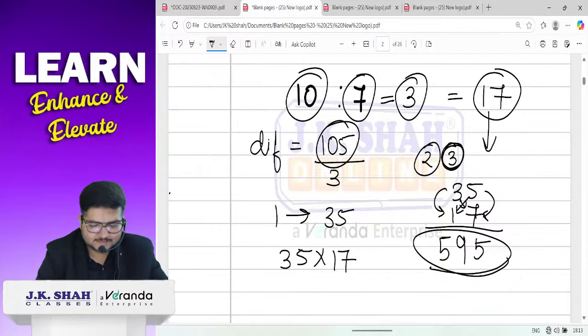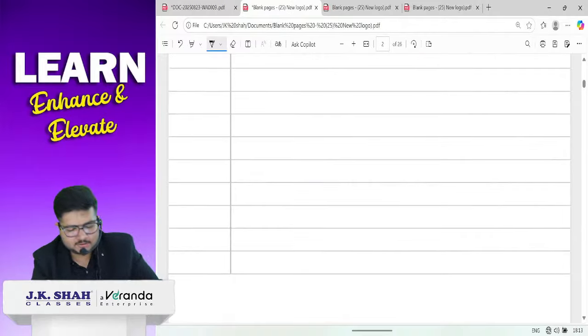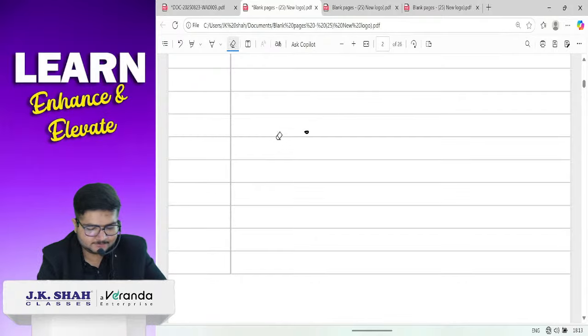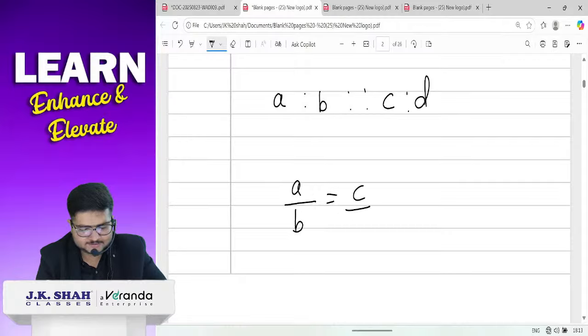Right. Before that, there are proportion questions also. So I'll just give you a basic example of proportions. For example, as I told you, a proportion can be written like this, and it can be written like this. In two ways it can be written.